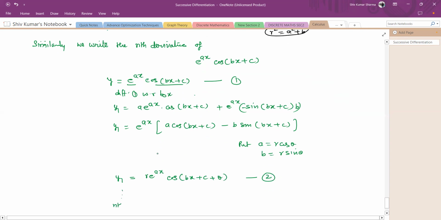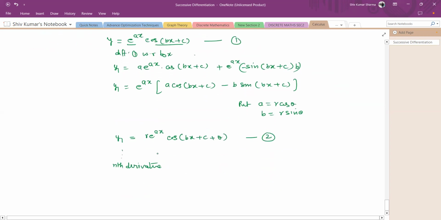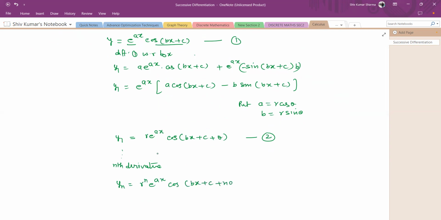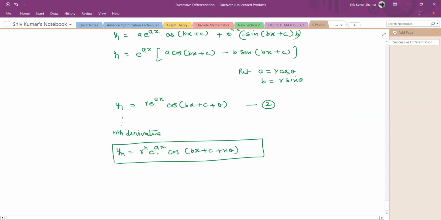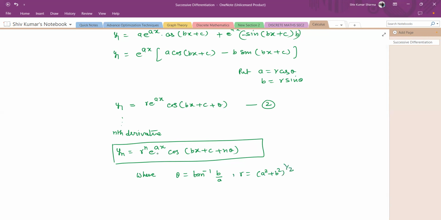Similarly, we write down the nth derivative directly: r raised to the power n e raised to the power ax cos bx plus c plus n theta. So this is the nth derivative of e raised to the power ax cos bx plus c, where theta is equal to tan inverse b upon a, and r is equal to a square plus b square raised to the power 1/2.